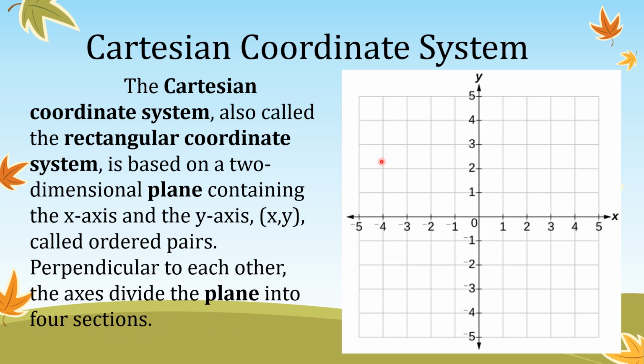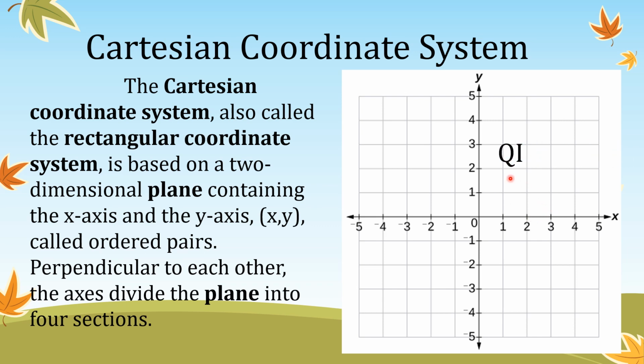So this is the figure of our Cartesian coordinate system. We have this horizontal number line, which corresponds to the x-axis, and we have this vertical number line, and this is our y-axis. So this is the first region of our Cartesian coordinate plane.